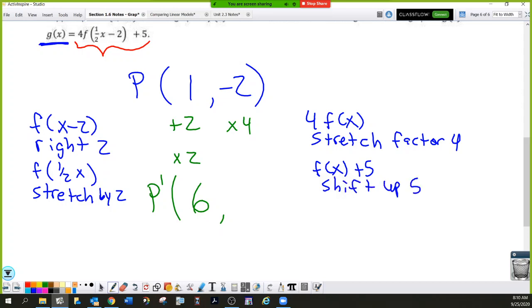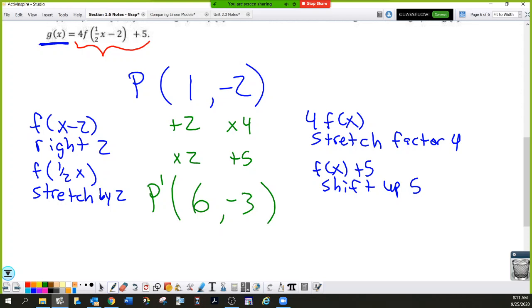Yes, which is adding 5 because outside changes do exactly what we think they should. So the first thing we're going to do, that negative 2 is multiplied by 4. Now we're at negative 8. Negative 8 plus 5, negative 3. So if the point (1, -2) was on our f of x, then the point (6, -3) is on our g of x.